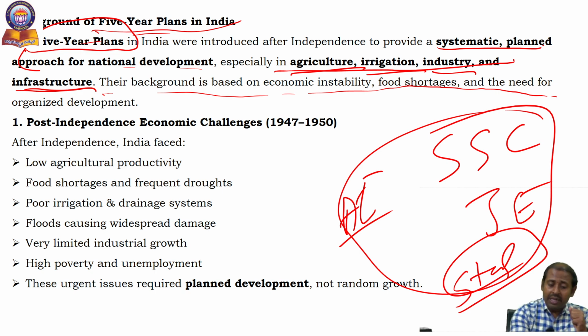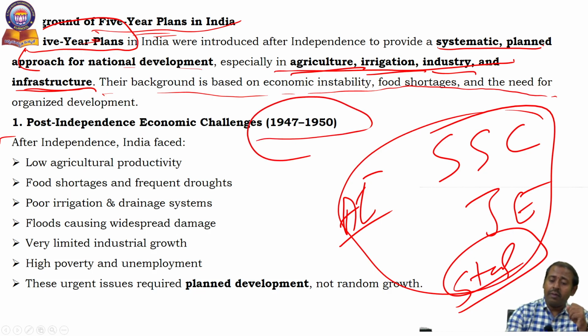What data was collected before this 5-year plan started? What economic challenges was India facing after independence? This was analyzed in the years 1947 to 1950.